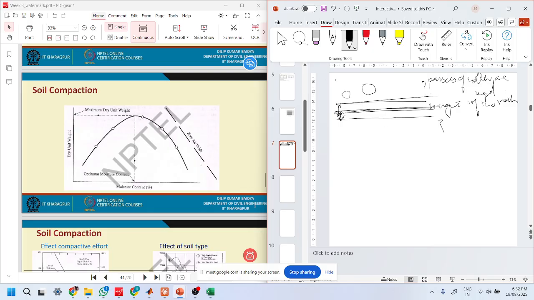How do we determine these? We go to the characteristic property of the material. We calculate the maximum dry density that the material can achieve at a particular water content.